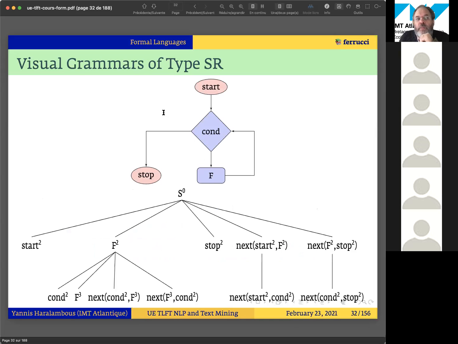But of course, by using different concatenators, I can describe, for example, this visual diagram. And there are many people working on diagrams. There is even a conference every 2 years on diagrams. And they, of course, use methods like these.